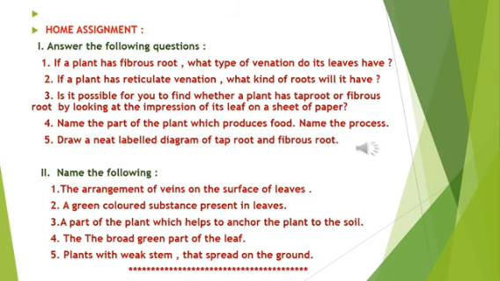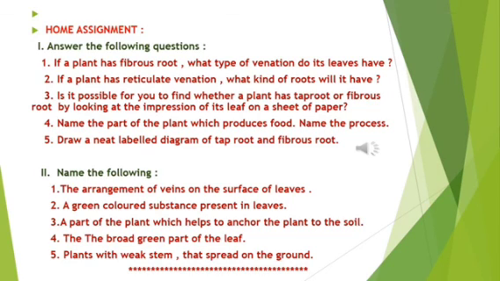Fifth one, draw a neat labeled diagram of taproot and fibrous root. Second main, name the following. First one, the arrangement of veins on the surface of leaves.